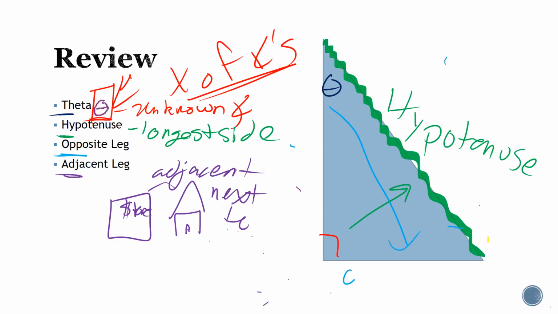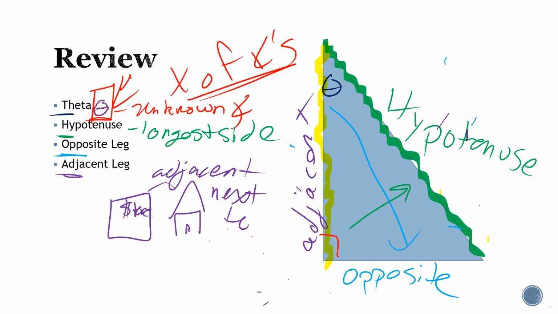So again, it would be opposite, and then I would highlight the distance between the theta and the right angle, and that would give me my adjacent. Alright, so the adjacent is always going to be next to, while the opposite is always going to be directly across from. So it's going to be the furthest one away from the theta.